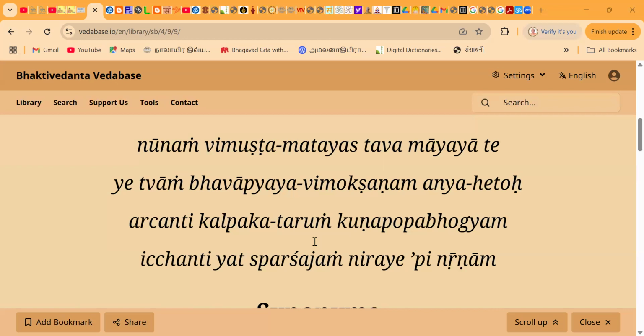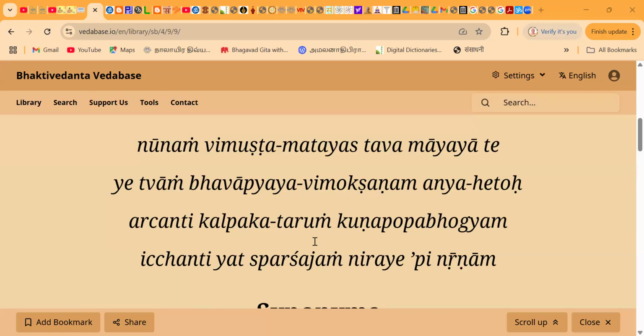They are certainly cheating their intelligence, Vimushta Mataya. They are certainly cheated of their intelligence by your Maya potency, Tava Maya Yate. Such people are definitely bewildered by your Maya potency because they are cheating themselves.